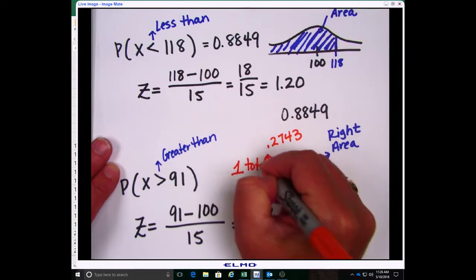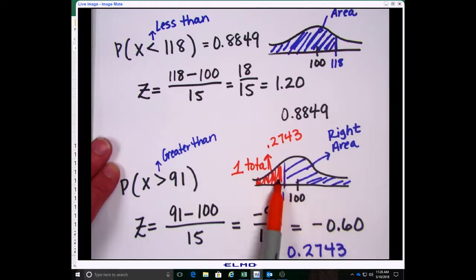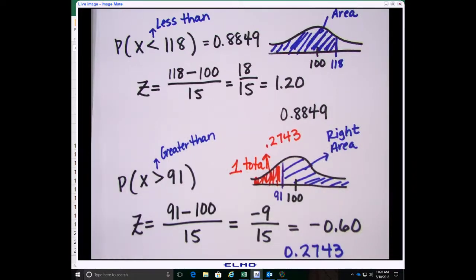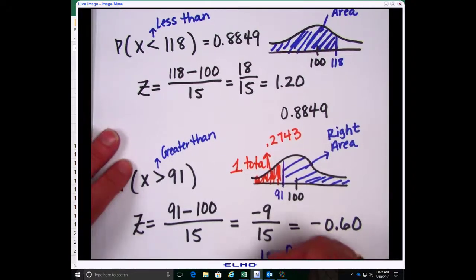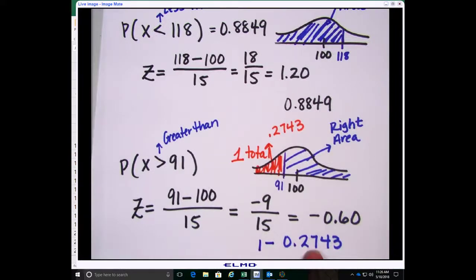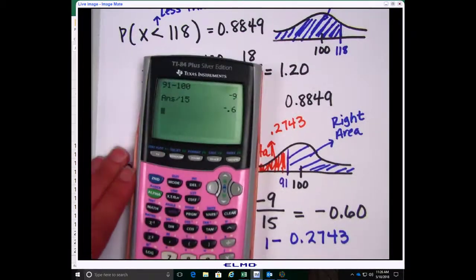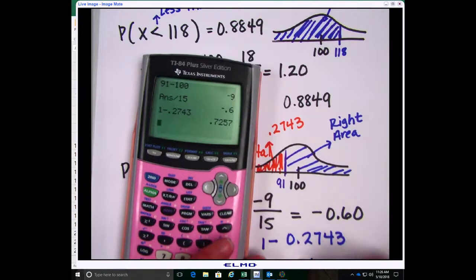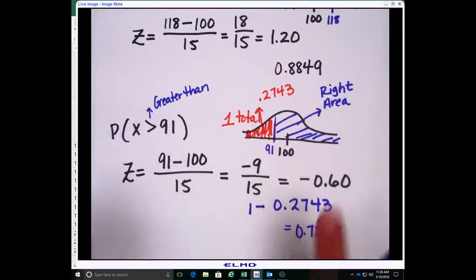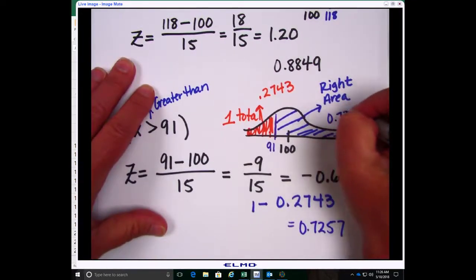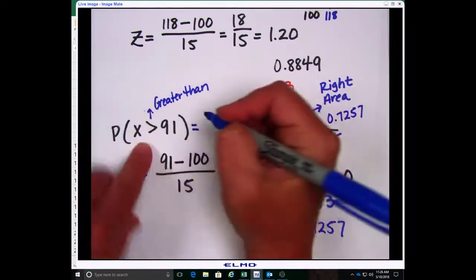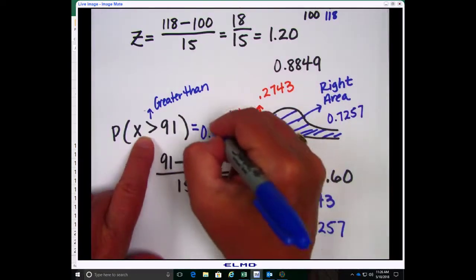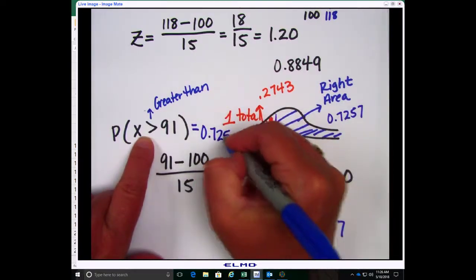If I know that this is 0.2743, then I can calculate this by subtracting this value from 1. So I'm going to take 1 minus 0.2743, and I get 0.7257. So that is going to be this right area, or my probability of getting a value greater than 91.